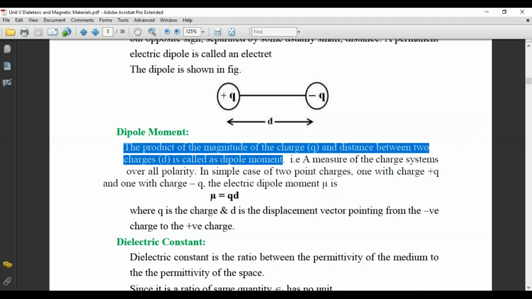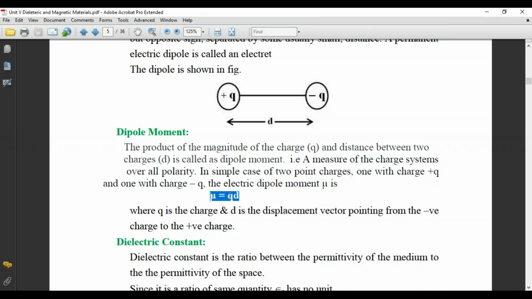That means it measures the overall polarity of the system. That's why mu equals Qd, where mu is the dipole moment, Q is the charge, and d is the distance between the two opposite charges.